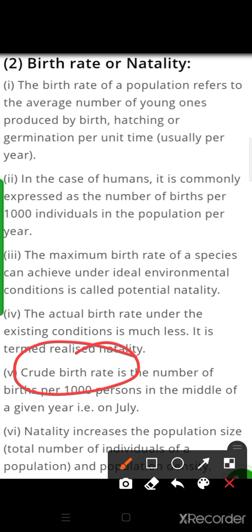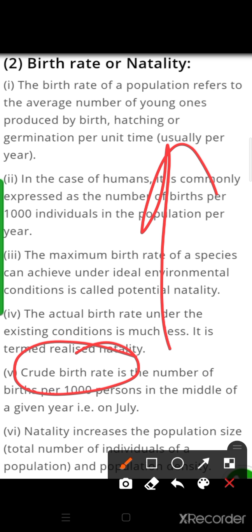The actual birth rate under the existing condition is much less. It is termed realized natality. If natality increases, meaning the number of births increases, it is common sense that if more individuals are born, the population size will increase. If the birth number is more and the death number is less, the population will increase.